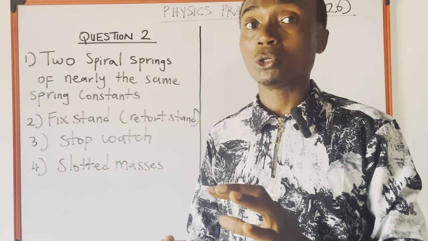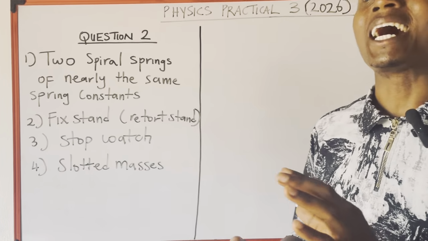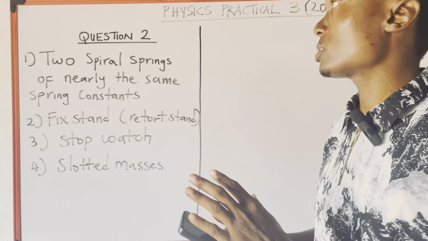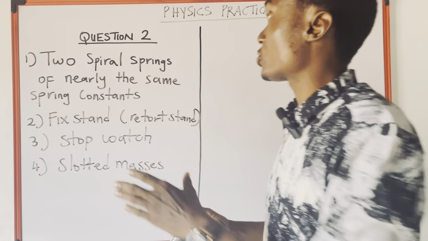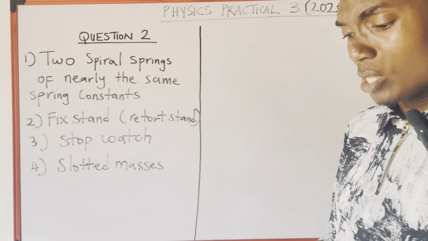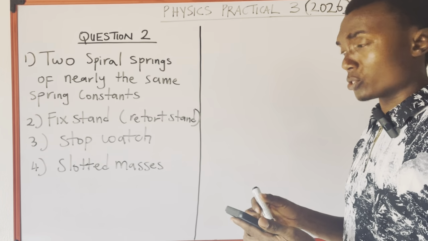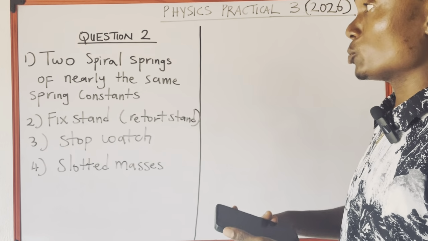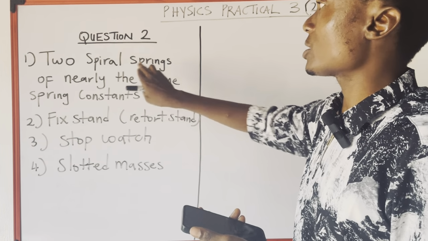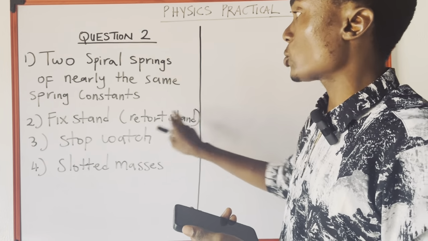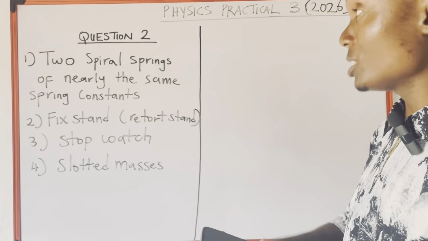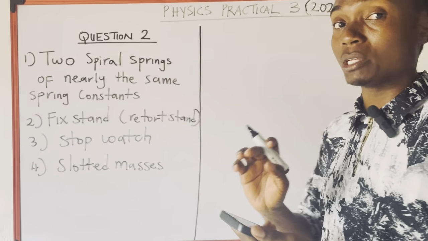So for us not to waste time, I'm going to bring out those likely questions. I'll drop it on the board, and you know that these are the likely questions you are going to prepare towards the exam, in case you see such a thing. Take note, this is physics practical. If you notice very well, the apparatus here are two spiral springs, rotor stand, a stopwatch, and slotted masses. So this is how the question is going to be like.